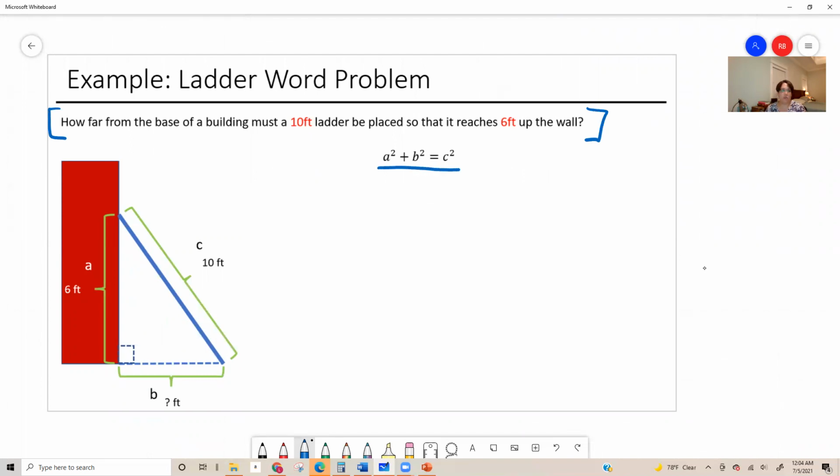So how far from the base of a building must a 10-foot ladder be placed so it reaches 6 feet up the wall? So you kind of end up getting this triangle type. Here's your ladder. Your ladder is 10 feet, okay? And then it goes up 6 feet, and they want to know how far is the base. So this is called the Pythagorean theorem.